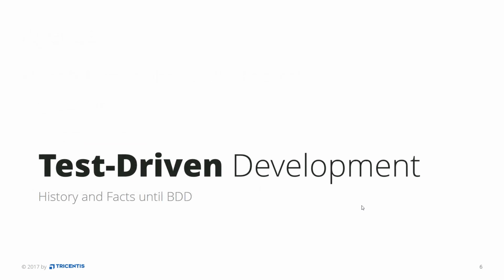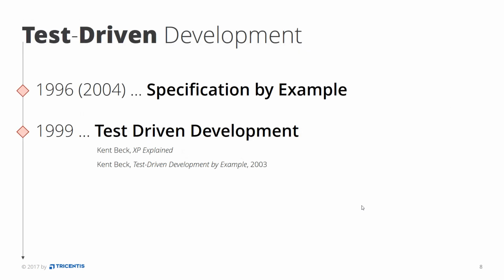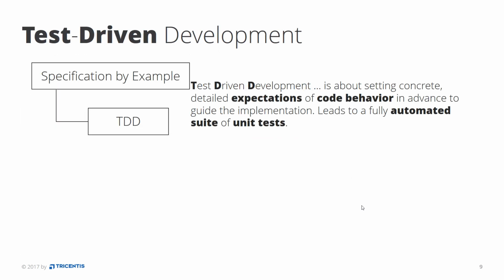All right, we will start with test-driven development. Where it all began: specification by example. We use realistic examples as a single source of truth for requirements and automated tests on software projects. That specification was introduced in 1996. Test-driven development itself started in 1999, and it's about setting concrete, detailed expectations of code behavior.